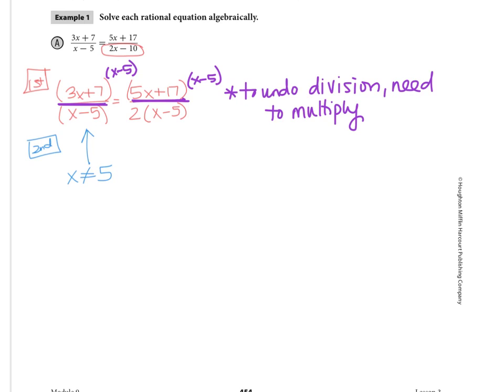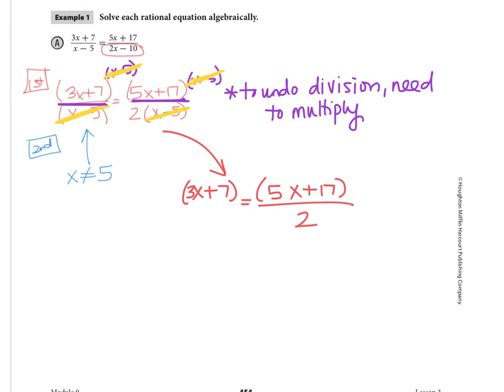Remember that the whole point of that was to undo the division. So the x minus 5 cancels there, and it's going to cancel here. I'm going to rewrite what I've got left. I know this is going to look weird, I'm working in a weird order. So now I have 3x plus 7 and 5 equals 5x plus 17 all over 2.